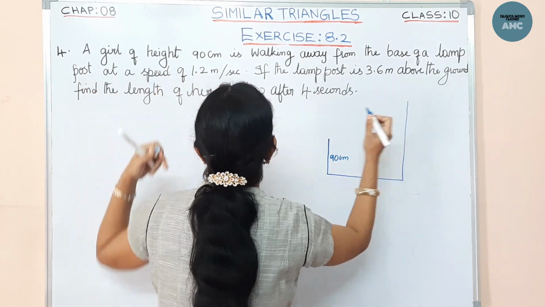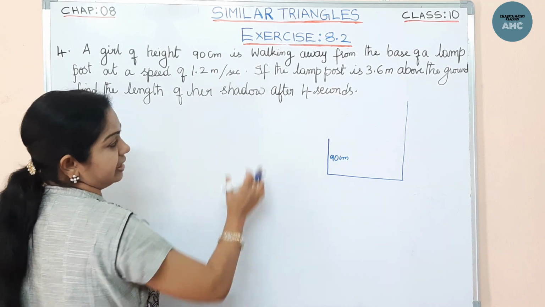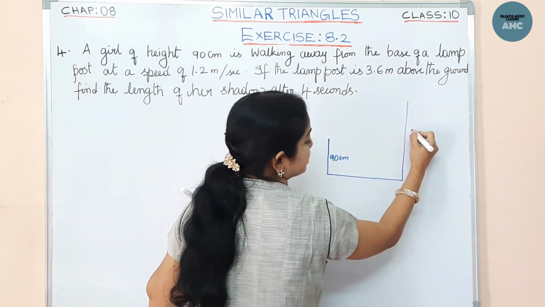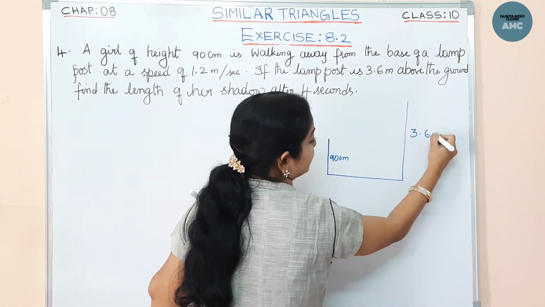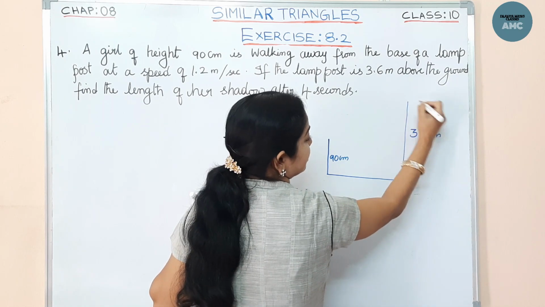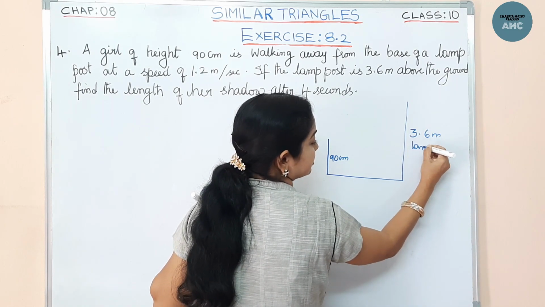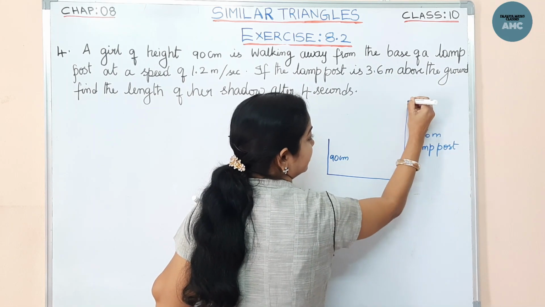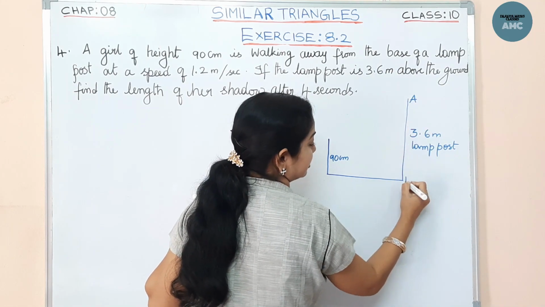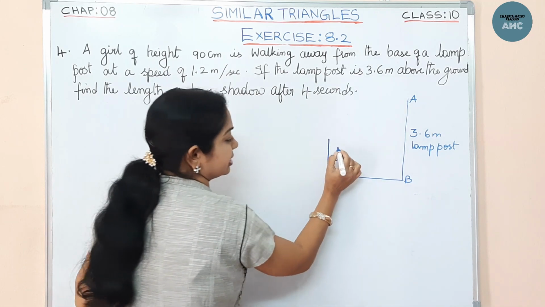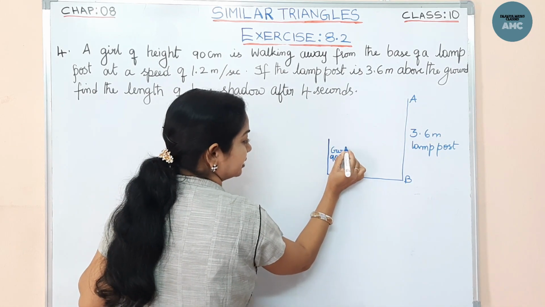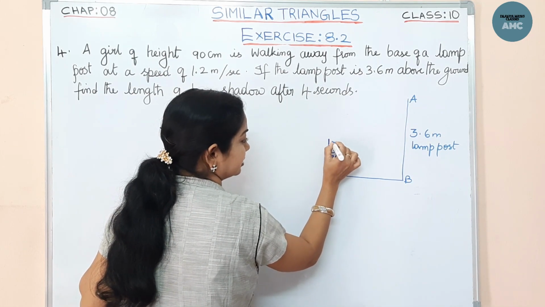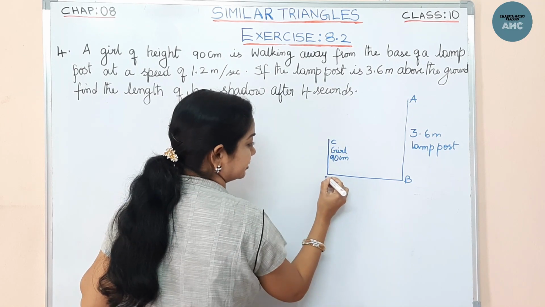If the lamp post is 3.6 meters, this is 3.6 meters. Let me give a name here, that is AB. This is the lamp post. She is the girl here. Let us take her as C and D.